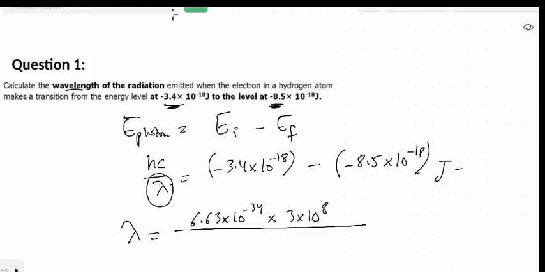If we subtract them together, we get 5.1 times 10 to the power minus 18. Now, after using the calculator, the answer will be 3.9 times 10 to the power minus 8, or we can write 39 nanometer.